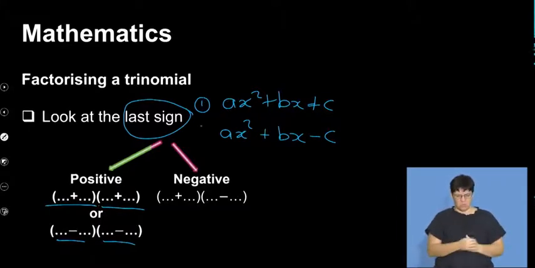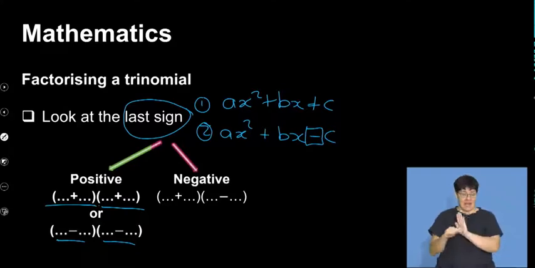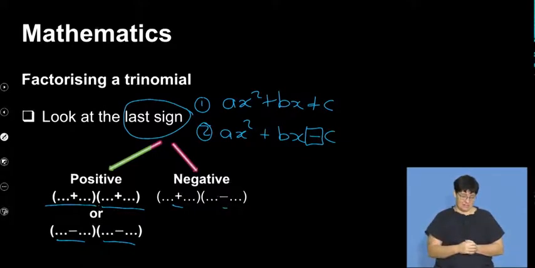Lastly, my second example, if the last term is a negative, then it means definitely your brackets will be a plus and a minus. And remember, my personal view at all times is always try to start with a plus. It just gives you that zing for mathematics, and it sets the tone for you to do the right thing. Now let's go back to the positive one.